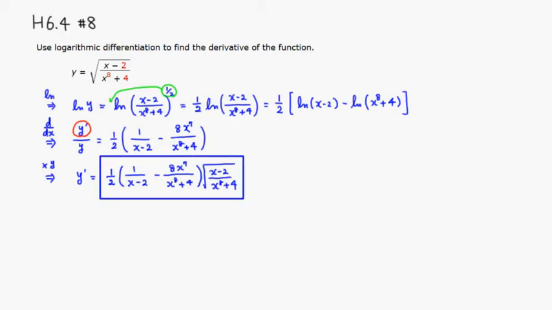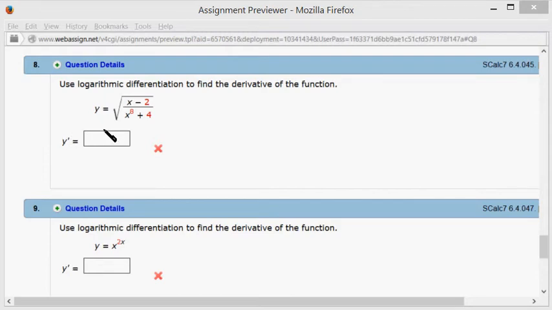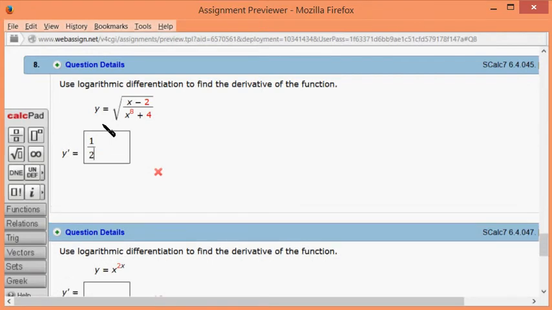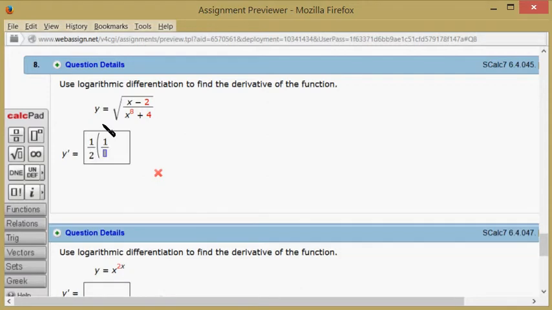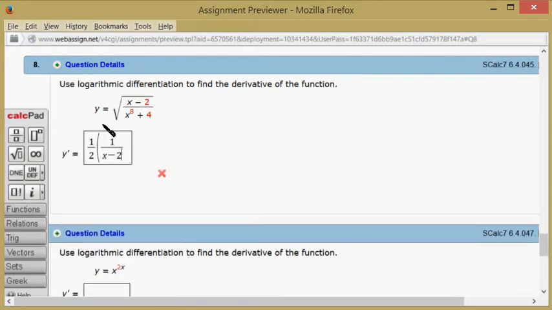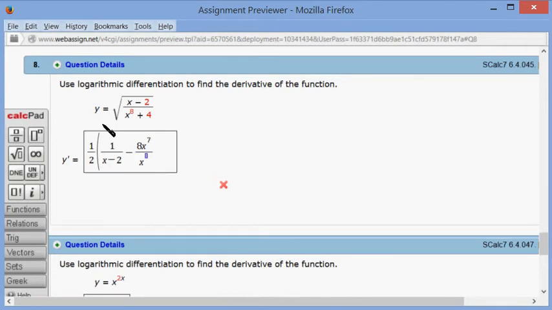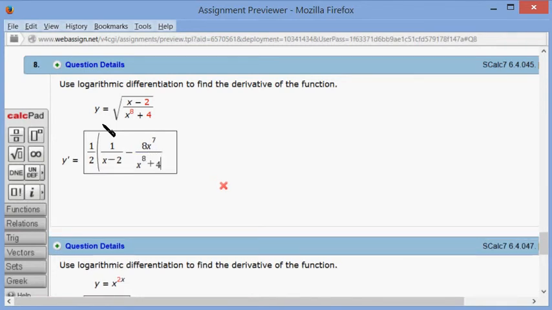So let's type this in. What we found was 1/2, so 1 over 2, then a parenthesis and 1 over x minus 2, and a minus 8x to the 7th power divided by x to the 8th power plus 4.